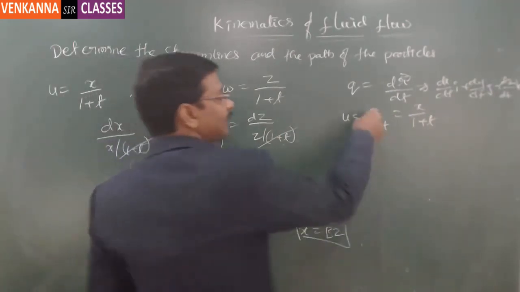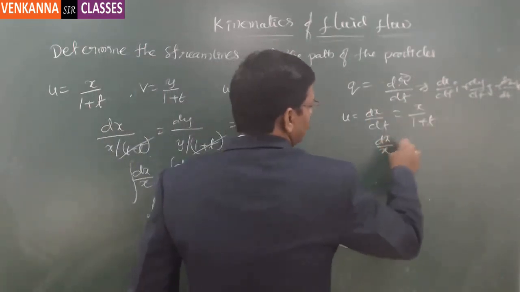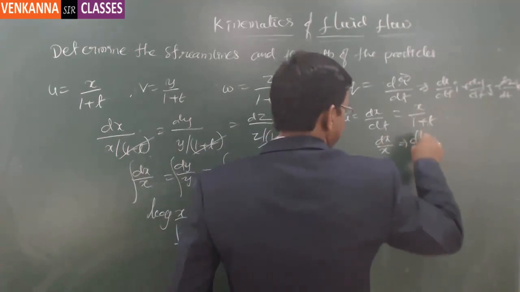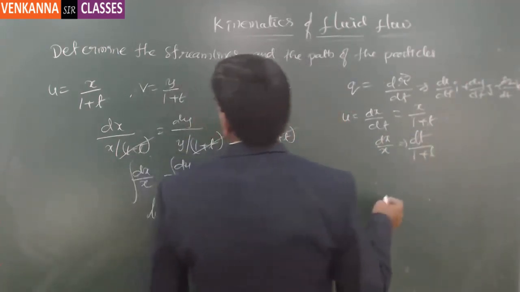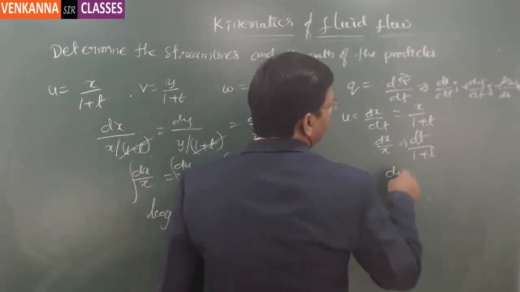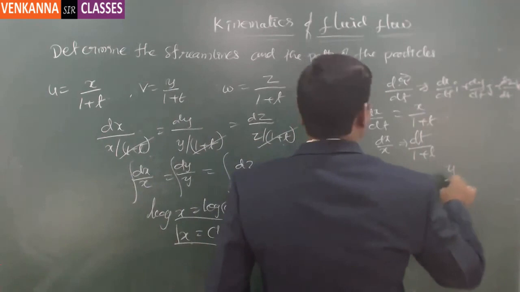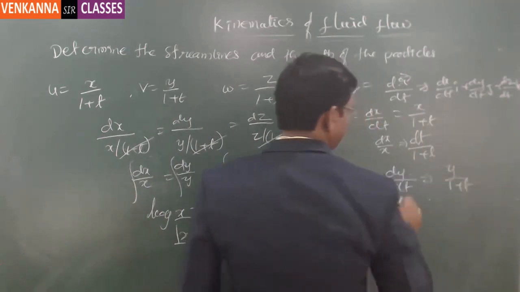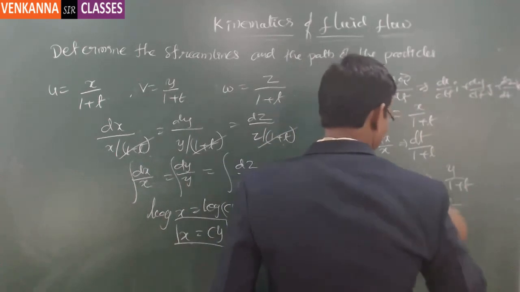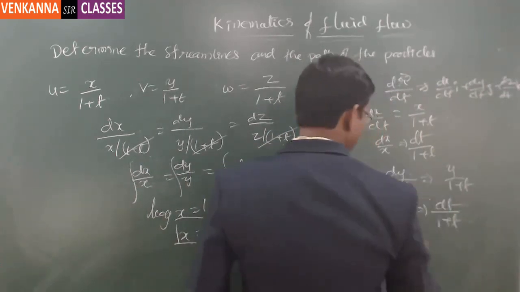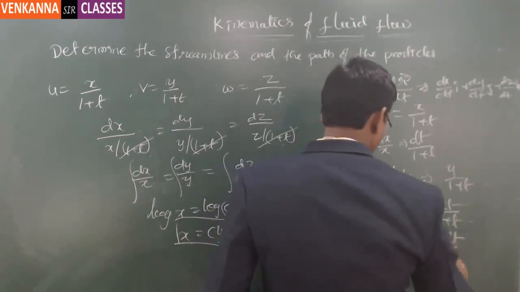So dx by dt is equal to x by 1 plus t, or dx by x is equal to dt by 1 plus t. Similarly, dy by dt is equal to y by 1 plus t, which implies dy by y is equal to dt by 1 plus t. Similarly, dz by z is equal to dt by 1 plus t.